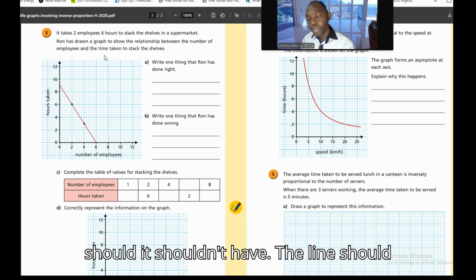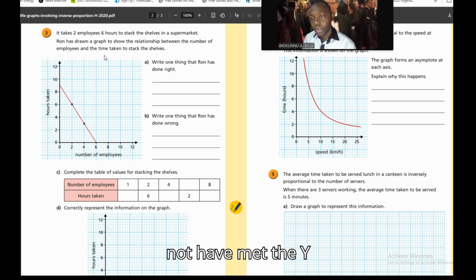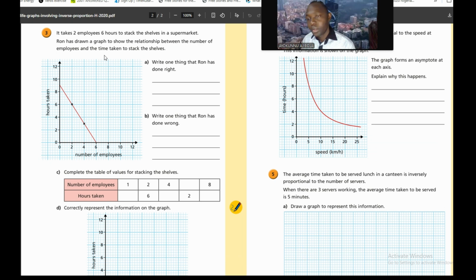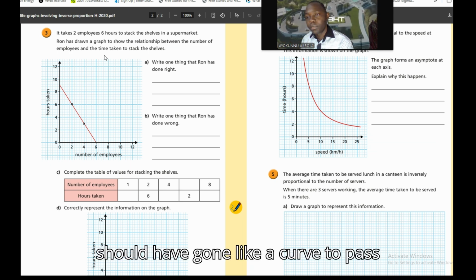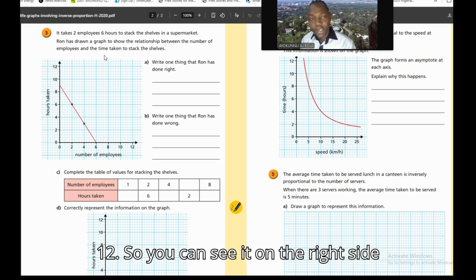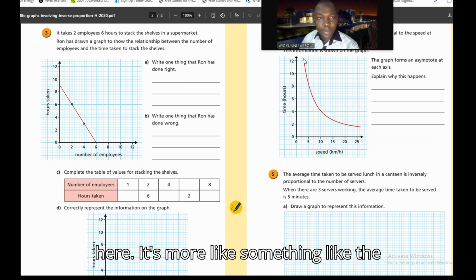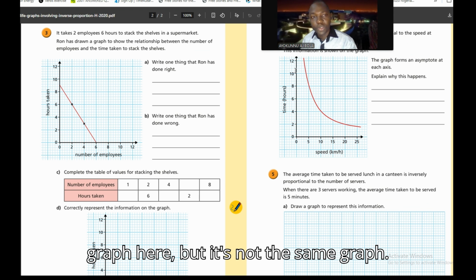So the line should not have met the y-axis. Though the 2 points are okay, for one worker it should have gone like a curve to pass 12. You can see it on the right side here. It's something like the graph here, but it's not the same graph.